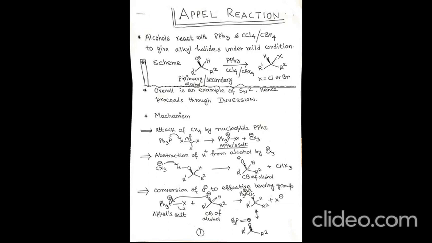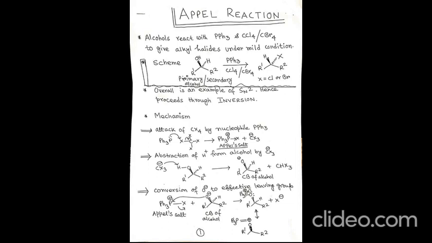Now overall this reaction is an example of the SN2 type of reaction, which proceeds through Walden inversion. Now coming to the mechanism of this reaction, first the CX4, the carbon tetrahalide, reacts with triphenylphosphine to give one salt which is known as Appel salt, and CX3 minus.